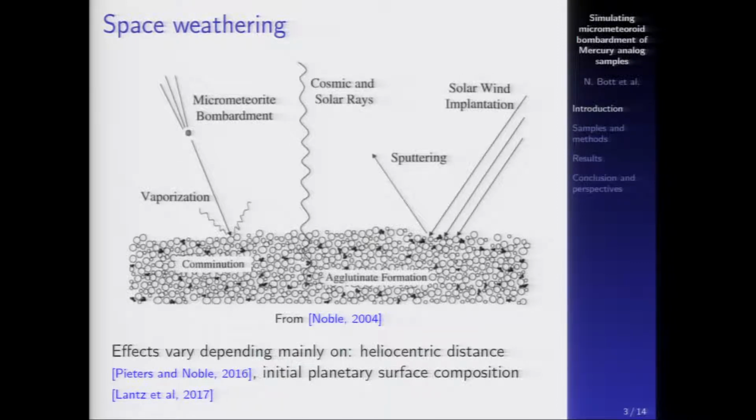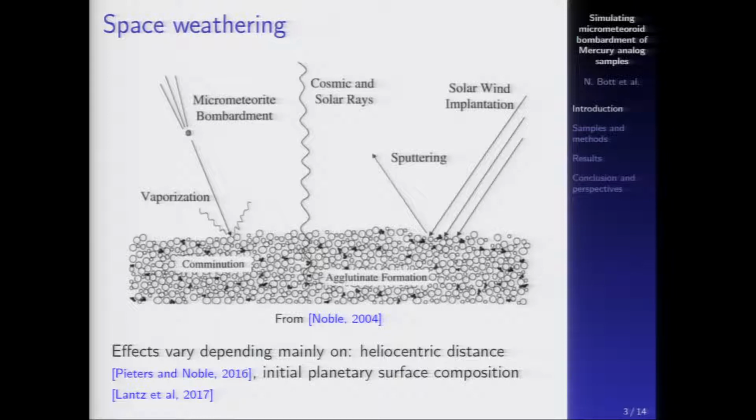These processes are altering the spectral, microstructural and chemical characteristics of the surface of airless bodies. These effects vary depending on mainly two things. The first is the heliocentric distance.